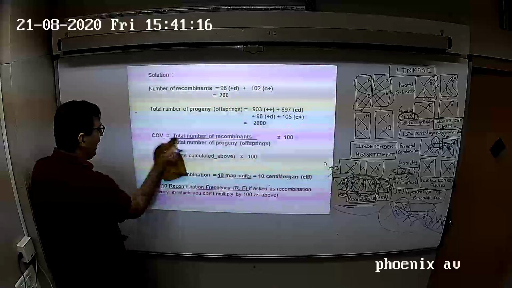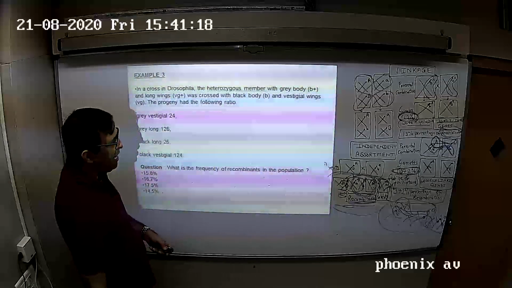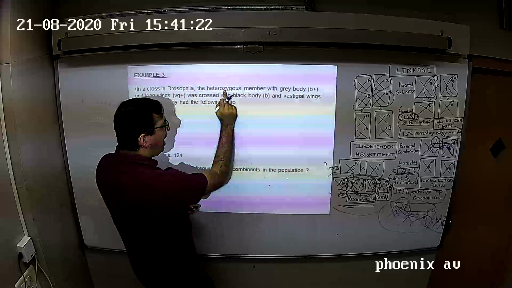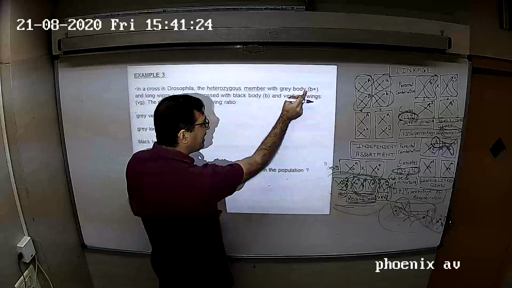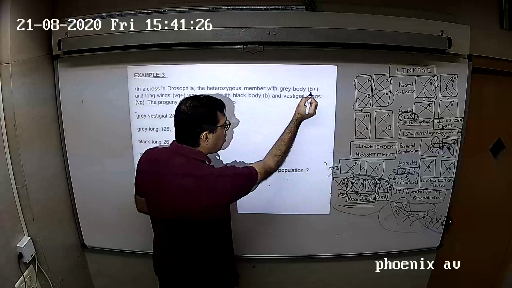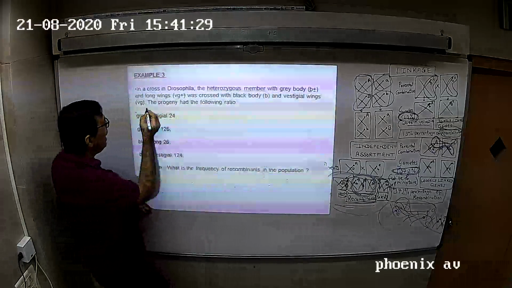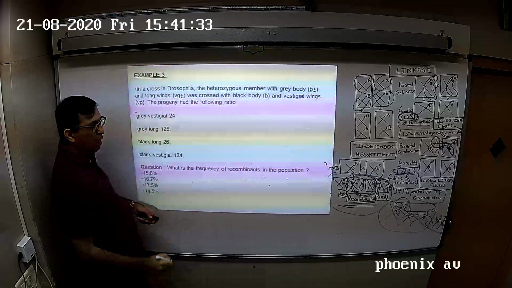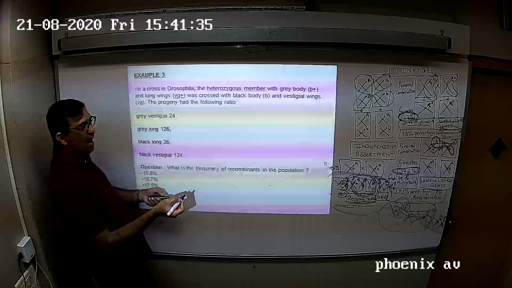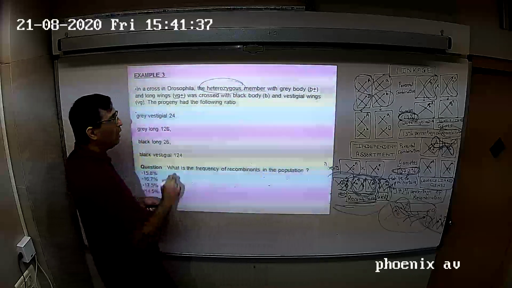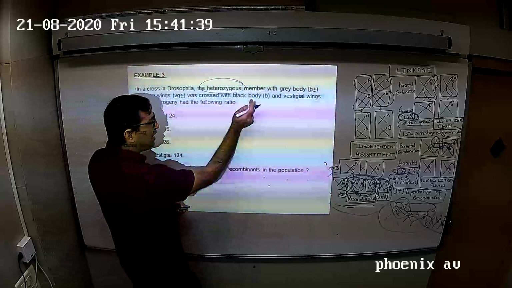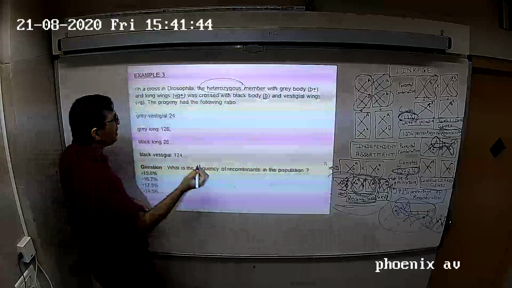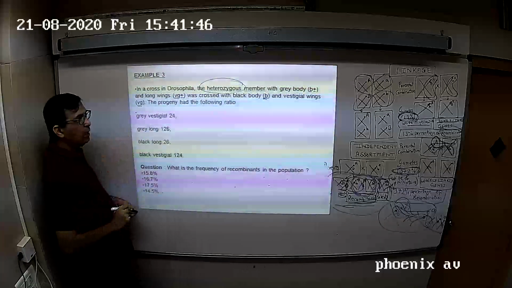And then you have another example from NTA. This is a good question. In a cross of Drosophila, a heterozygous member with grey body, b plus, and long wings, vg plus, was crossed with black body, b, and vestigial wing, vg.